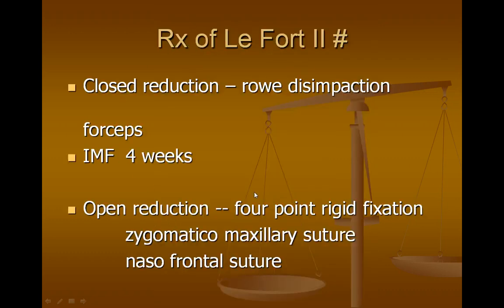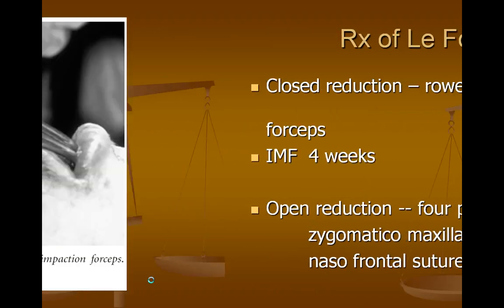Treatment for Le Fort 2: usually Rowe disimpaction forceps are used to reduce the fracture segments. Intermaxillary fixation is for 4 weeks, and open reduction internal fixation can also be done. 4-point rigid fixation is mandatory in case of Le Fort 2.